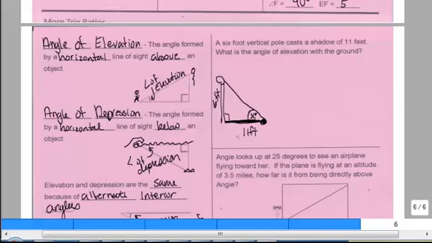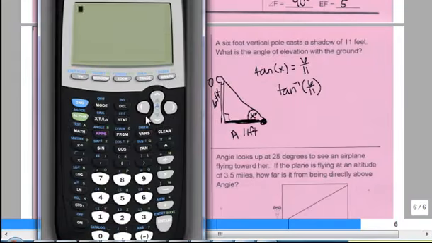So 11 is my adjacent side, 6 is my opposite side. Opposite over adjacent is tangent. So the tangent of x is equal to 6 over 11, opposite over adjacent. So that means in your calculator you will do the little -1 thing: you do second tangent to get that -1, and then 6 divided by 11.